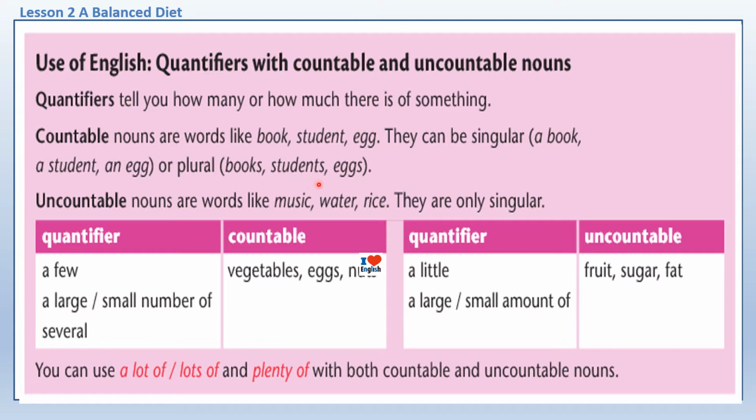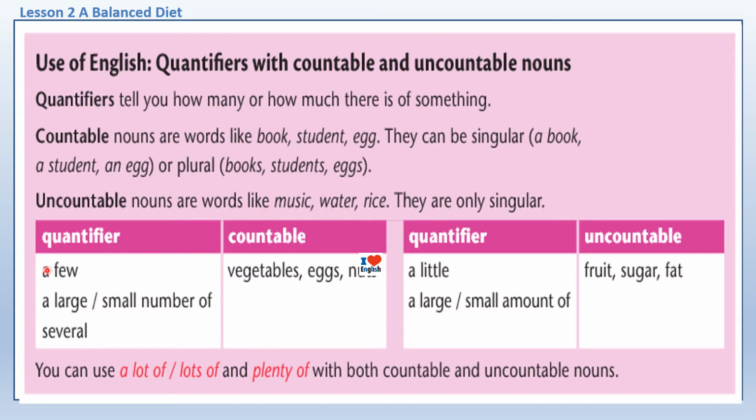These nouns we can count, but uncountable nouns only have one form. They are only singular, such as music, water, rice. These words we can't count.